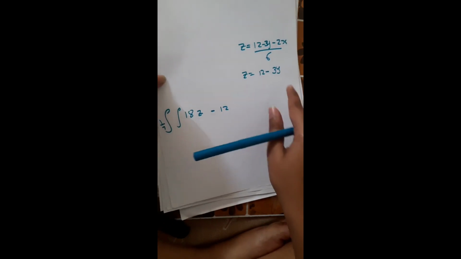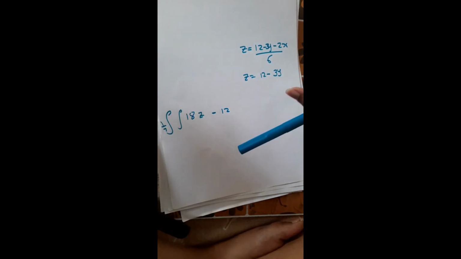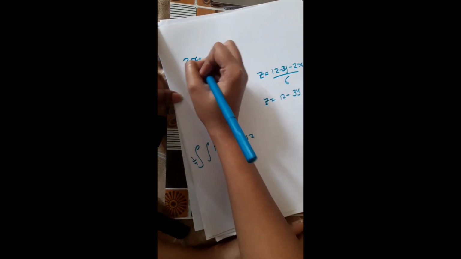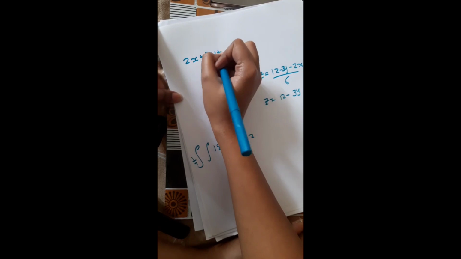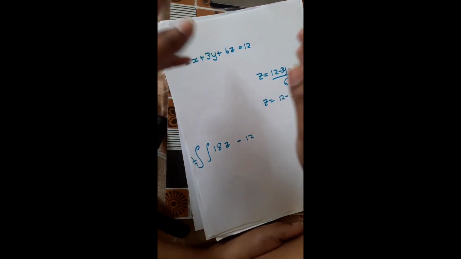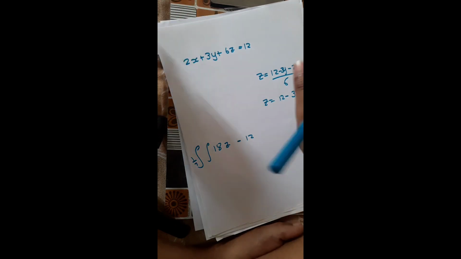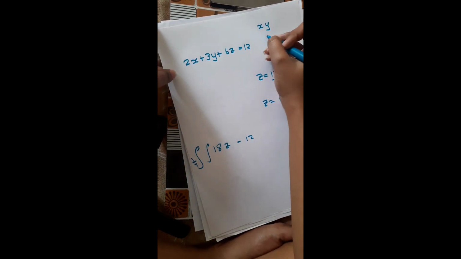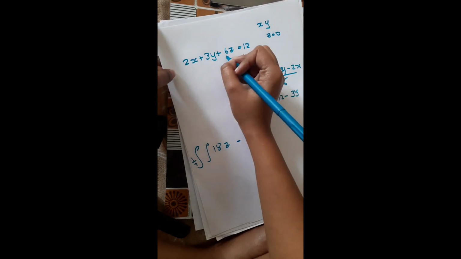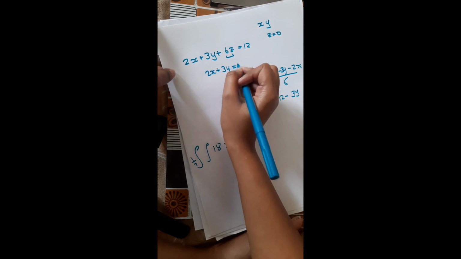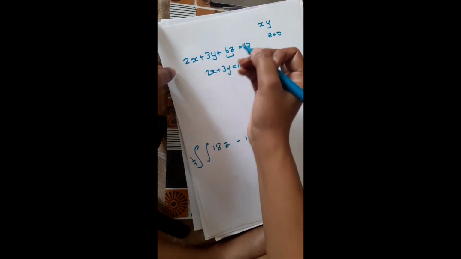Now we need to find the limits of x, y and z. I told you that we can consider the xy plane, yz plane or zx plane. In this case, we are considering the xy plane, so we can consider z equals 0. Let me put z equals 0. This would be our equation.